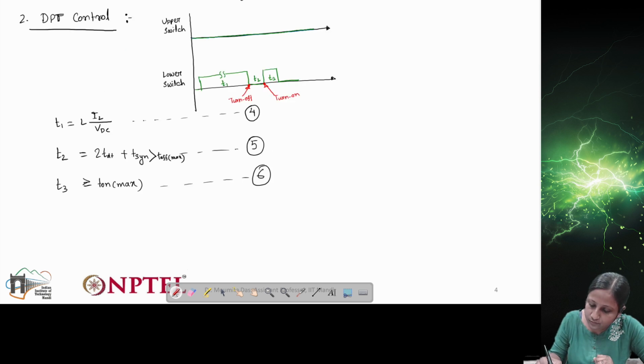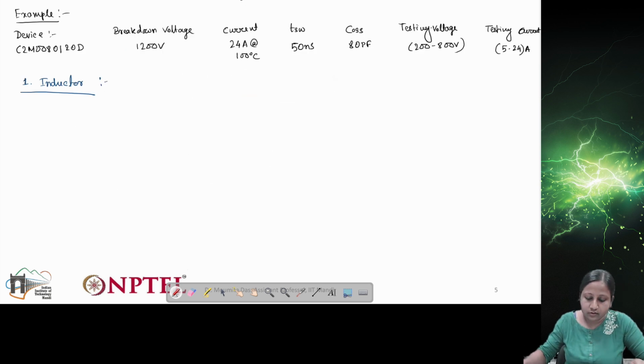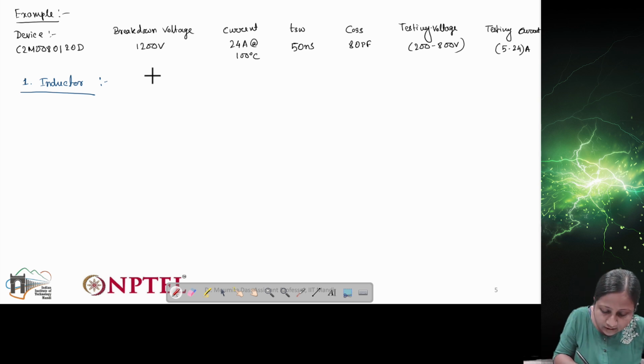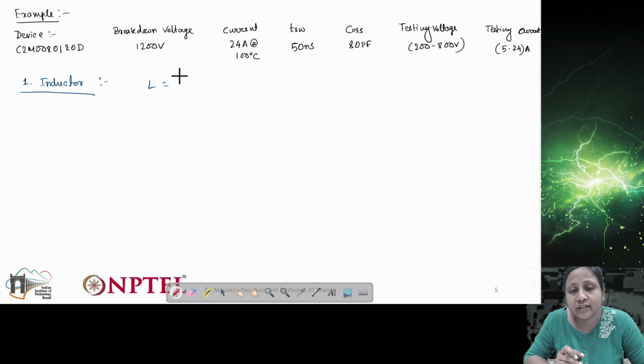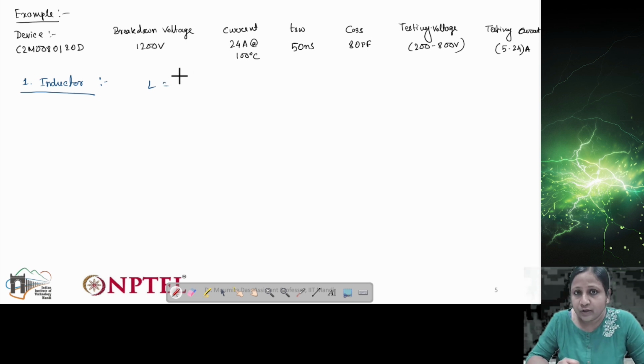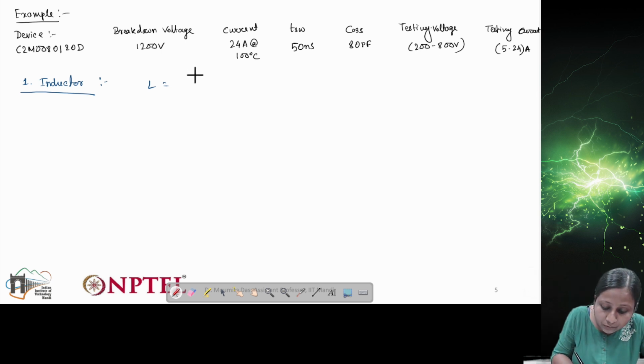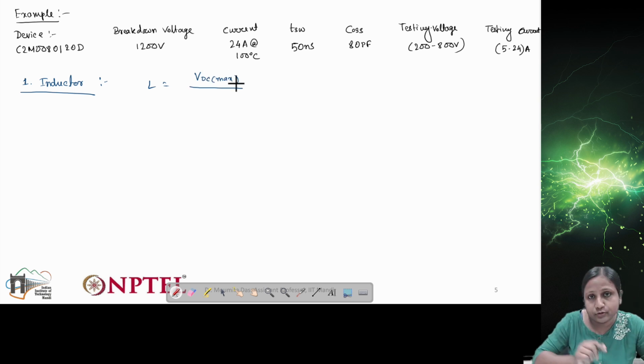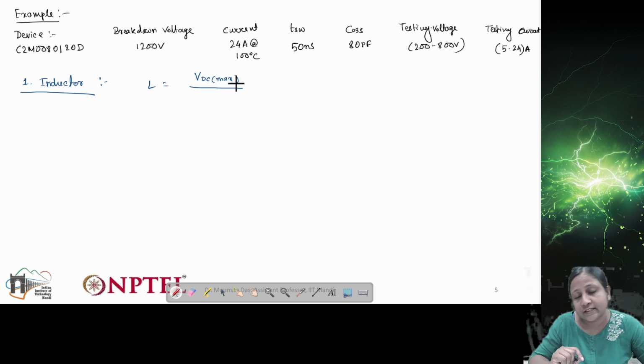We can write the same equation. In order to write that, you need to consider what should be the VDC, because the testing voltage is from 200 to 800 volts. In this case you have to select VDC maximum, that is 800 volts, from the test condition.